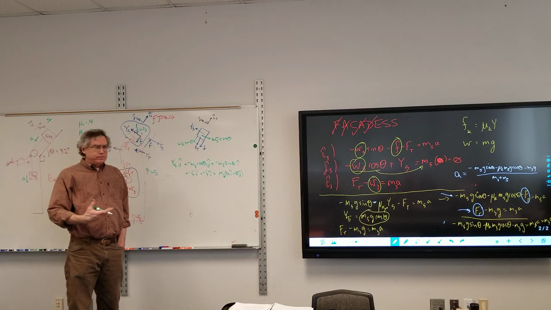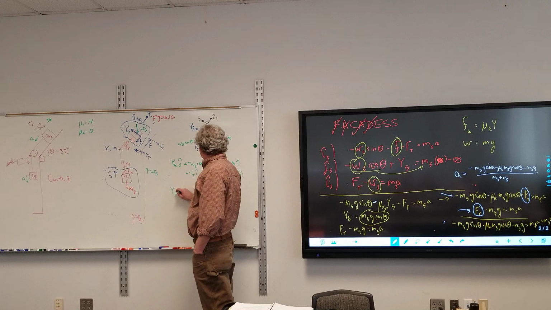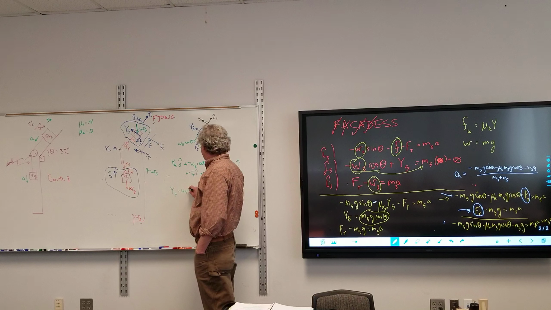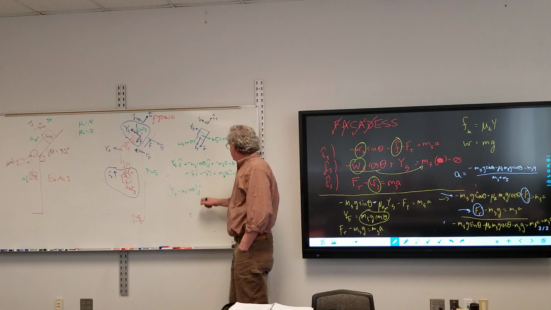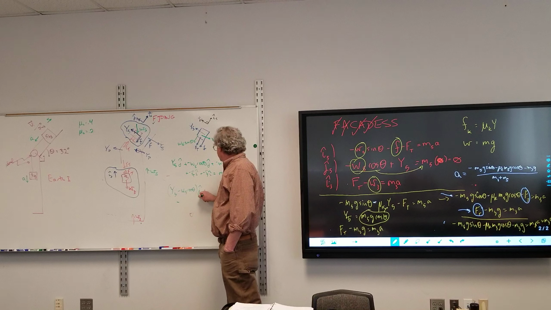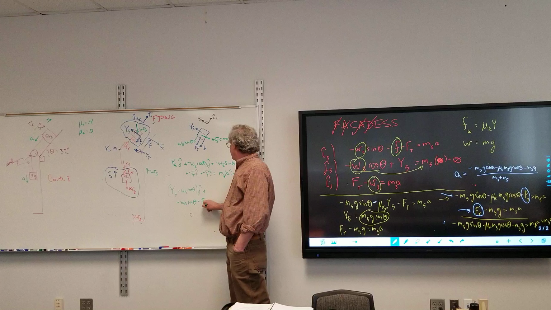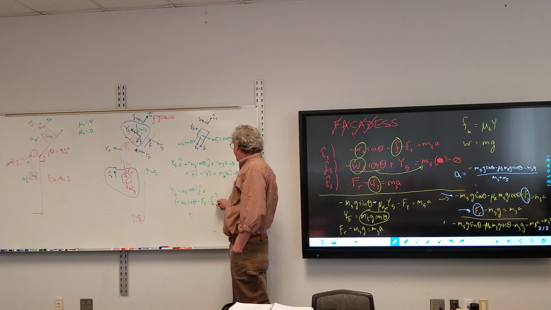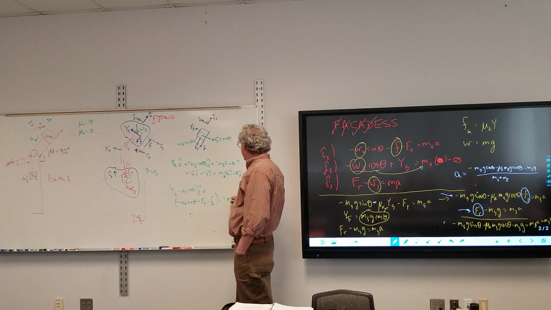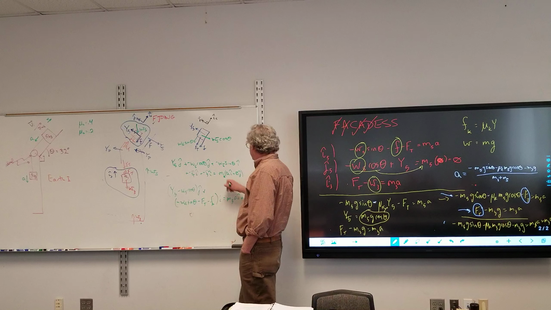If I sort this, I end up with Y5 minus W5 cosine theta J hat plus negative W5 sine theta minus FT minus friction, technically, I hat is equal to M5A I hat plus 0 J hat, if I distribute.